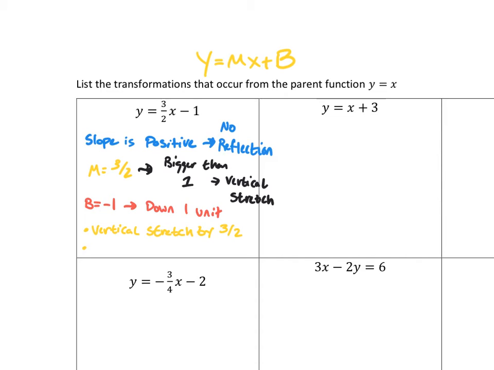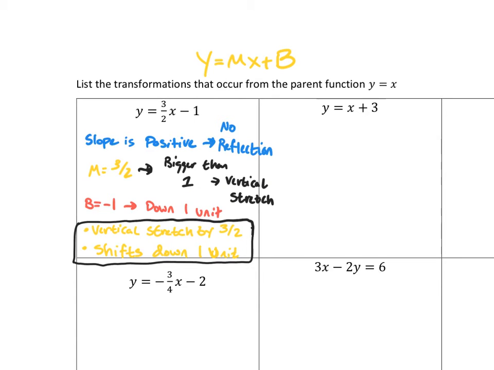And then I would also have to write that it shifts down 1 unit. The reason I know it shifts down 1 unit is because my B value is negative. That is all that I have to write to answer this question. The rest of what I wrote is simply there to let you know how my brain goes through these kind of problems. Are y'all with me?